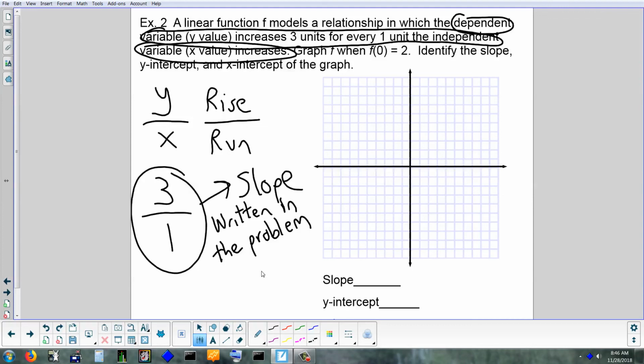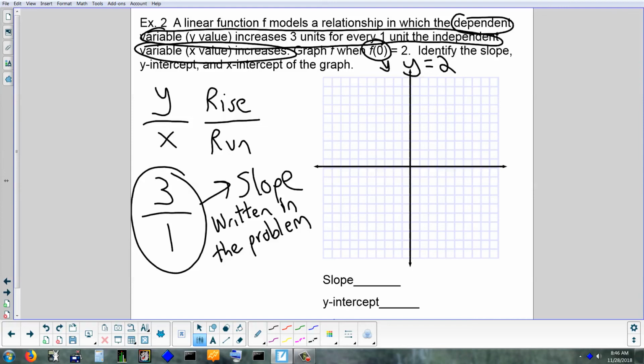We're using slope-intercept form, right? Exactly. This f of 0 could be f of whatever number. It still means y equals. That's just function notation, all right? We're using slope-intercept form. But this means the same thing as y equals 2. All right? So my y-coordinate is going to be 2. What's my x-coordinate going to be?